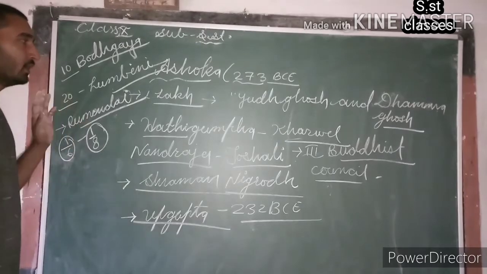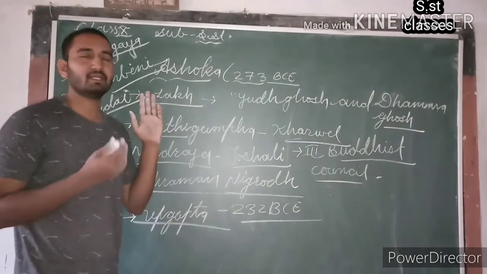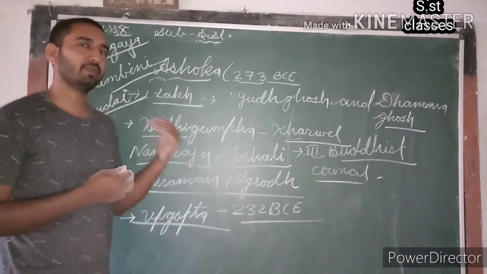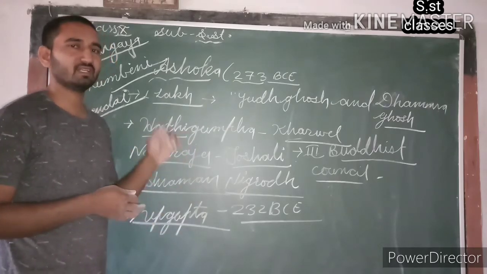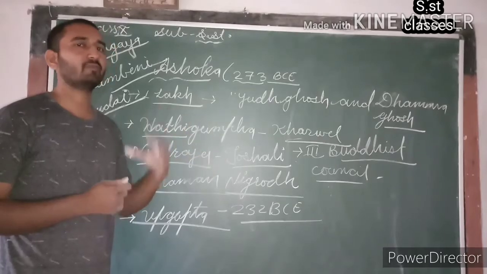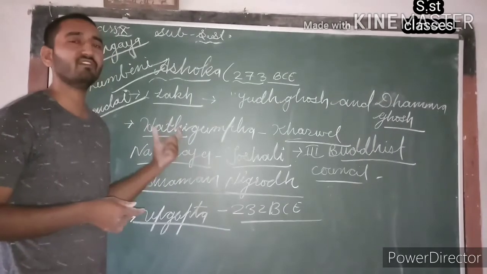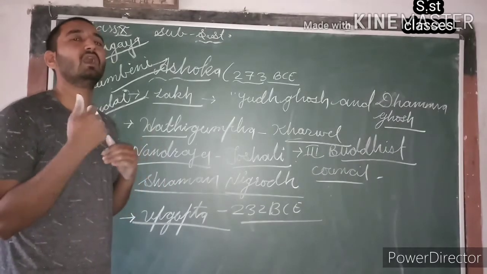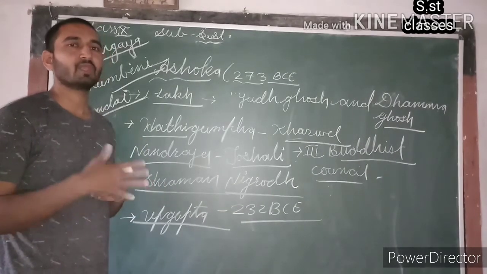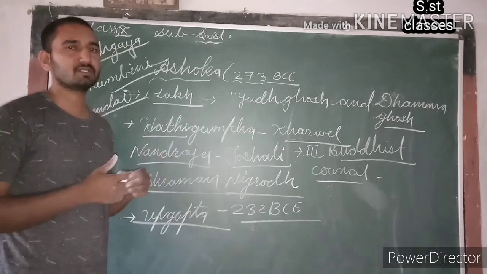Is that clear? So in this way, in the last days of his life, Ashoka became a Buddhist. It means that in the first half he was a follower of Shaivism, and after the Kalinga war he became a follower of Buddhism. But it does not mean that he didn't have respect for other religions. He had equal respect for other religions also.